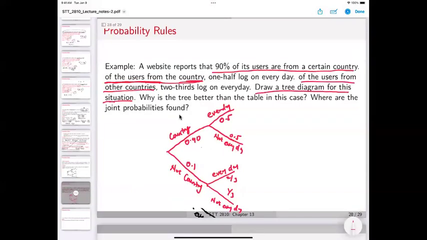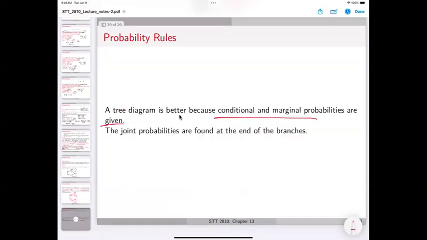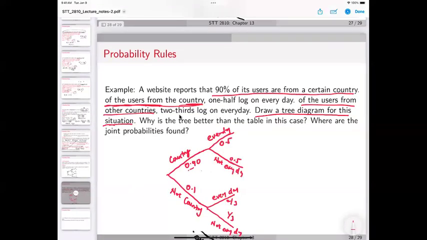And then the last one says, where are the joint probabilities found? The joint probabilities are, for example, if you want to find country and every day, you just multiply 0.9 by 0.5. So the joint probabilities are found at the end of the branches.